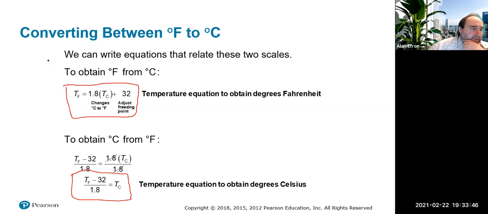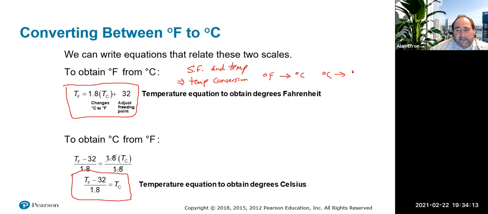But let's talk a little bit about significant figures and temperature. There's a general rule when we talk about significant figures and temperature, and what we're talking about is when you do just a temperature conversion. So if you're just doing a temperature conversion, which means you're taking it, for example, from degrees Fahrenheit to degrees Celsius, maybe degrees Celsius to degrees Fahrenheit, maybe degrees Celsius to Kelvin.